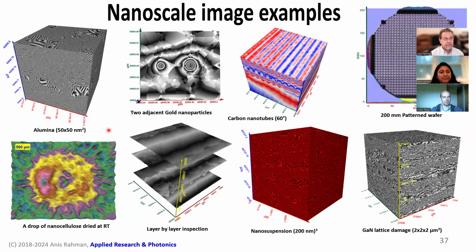Alumina is an amorphous material, but what we saw here is that it has nano grains, and each of the grains has its own crystal structure, but none of the grains have the same crystal structure. So it's kind of amorphous, and that's why it is an amorphous material.